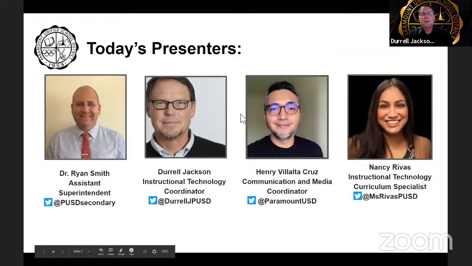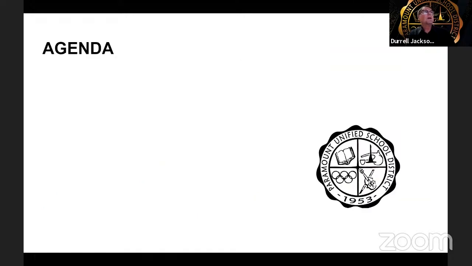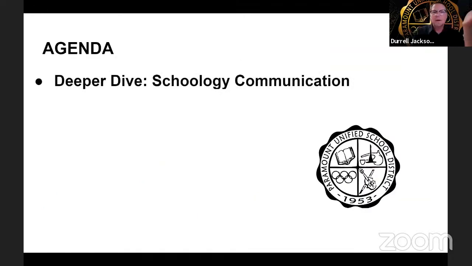All right, so this is our great team this evening. I want to talk about what we're going to be going into in depth. In this session, we want to look at the essential components that the school district has set up to allow families to communicate with us and also receive critical information. We're going to take a deeper dive into one of the things we touched on last week, and that was Schoology communication.